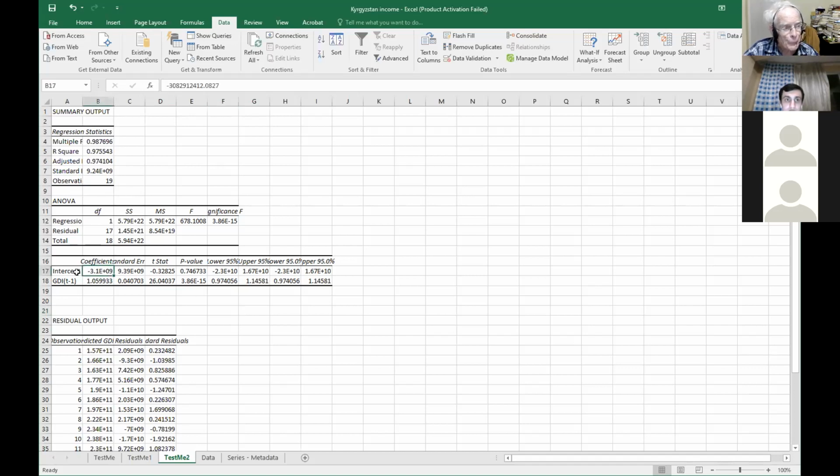Oh, what about the intercept? It's negative. Is it significant? Yes, I guess. It is not significant statistically, since we have a t-value that is lower than 2 in magnitude.